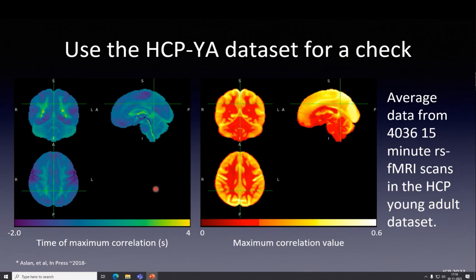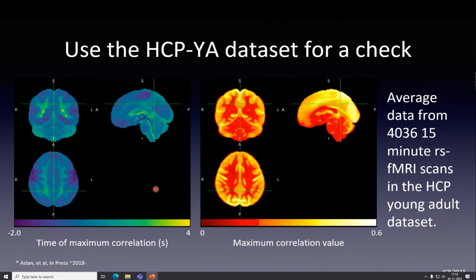We actually have a paper that we've been sitting on for coming up on 7 years, where we looked at every single resting state scan in the young adult database. That's 4,036 scans. This is the average delay map on the left and the average correlation map on the right. So we know what to expect from this. You get a pretty robust signal when you average that many points together. So we figured the data is good enough.